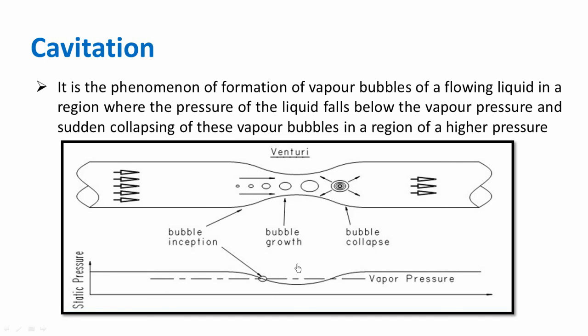After traveling, here we have a smaller cross section and here a larger cross section. When the bubbles reach the larger cross section, there is high pressure. Because of the high pressure the bubbles collapse. Because of this, cavitation damage is formed on the walls of the pipe, meaning some layers of the pipe are removed. This is how we understand cavitation.